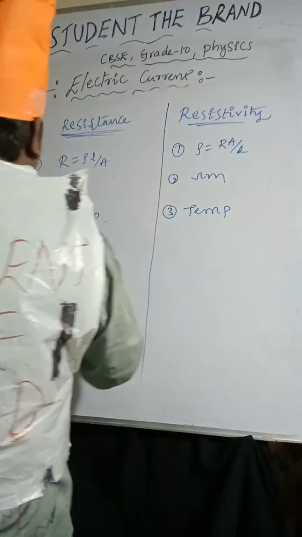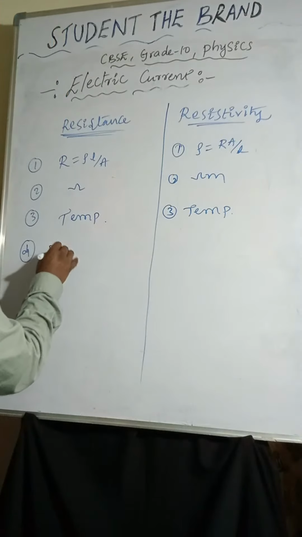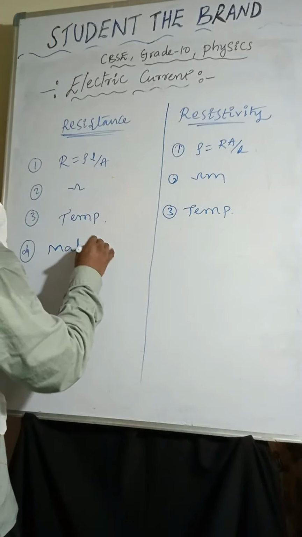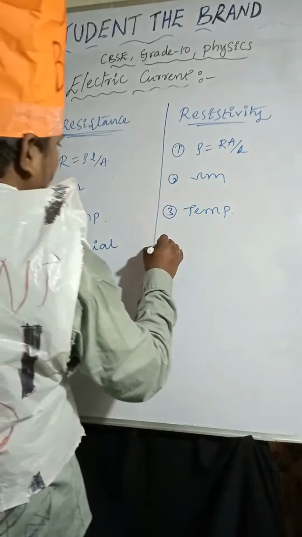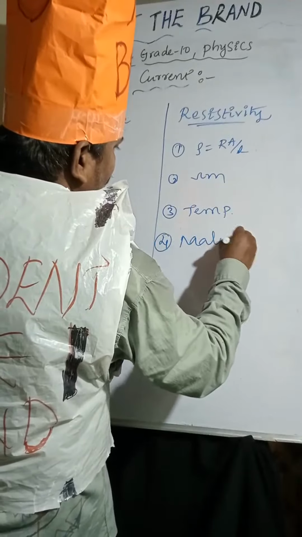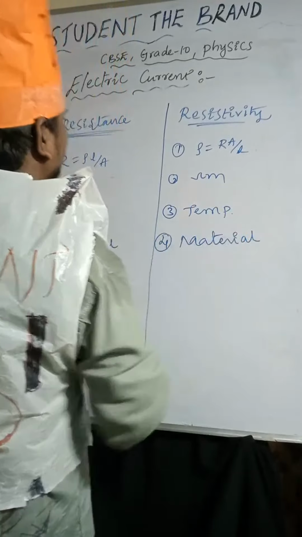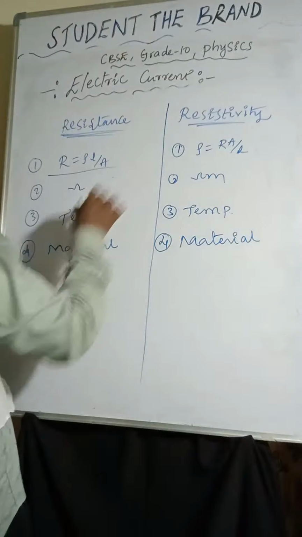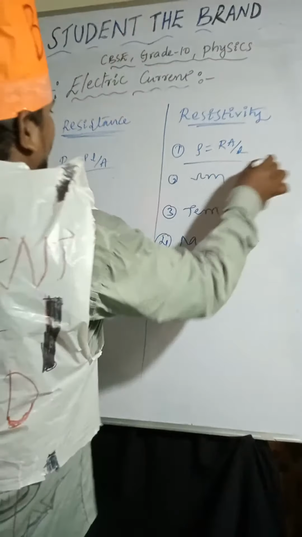So R equals rho into L by A, and rho equals RA by L.